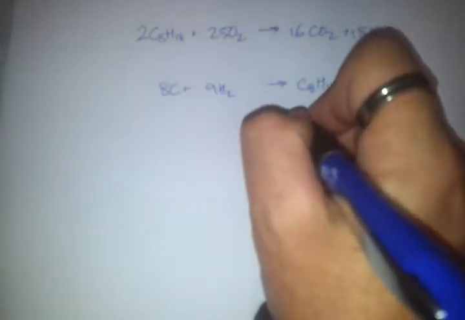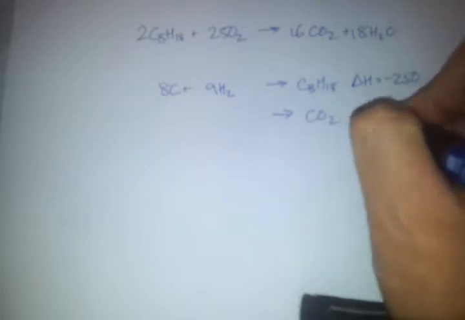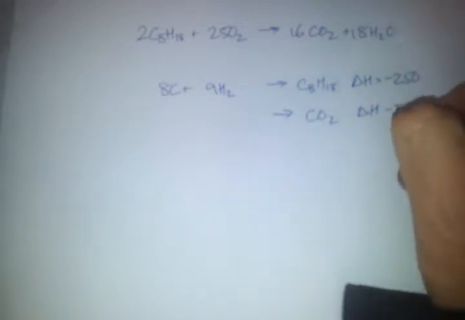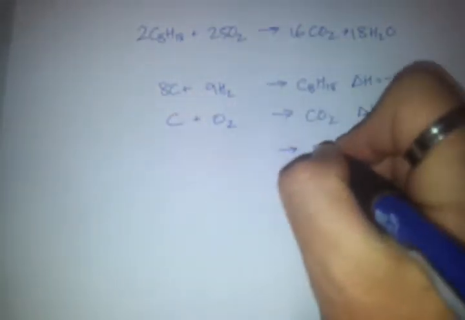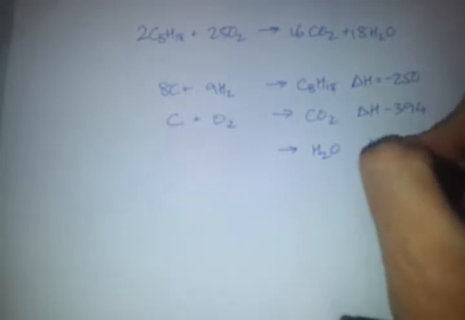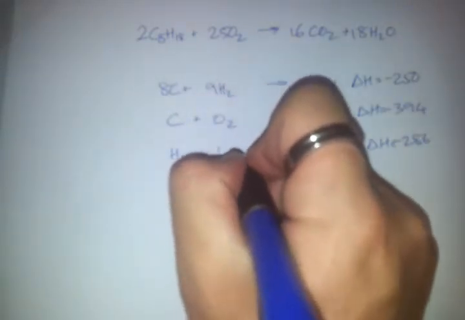I'm given the one for carbon dioxide is negative 394, so that's made from 1 carbon and 1 oxygen. I'm given H2O, which is negative 286, so that's 1 mole of hydrogen, half a mole of oxygen.